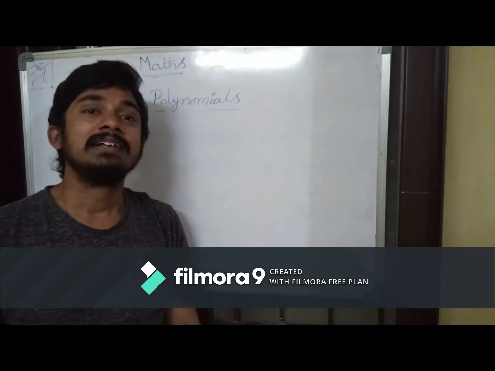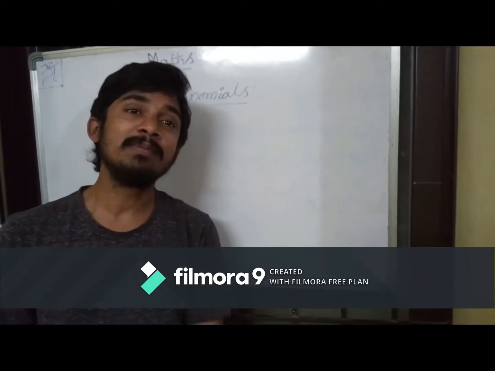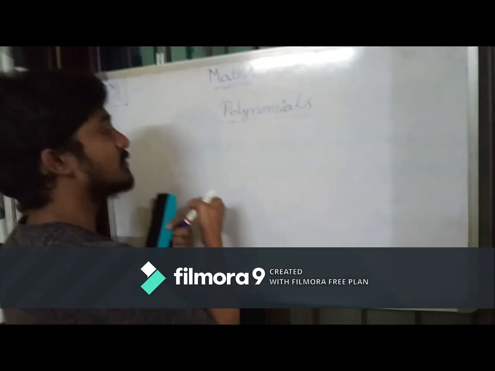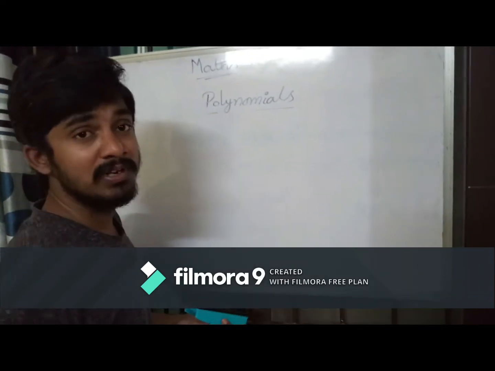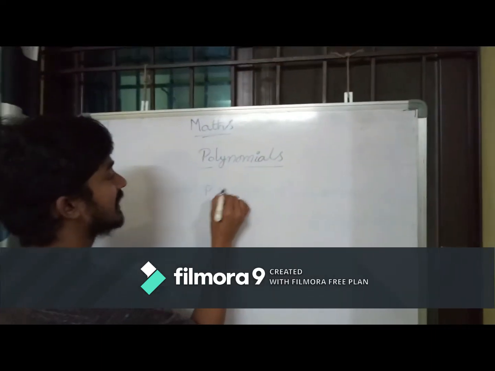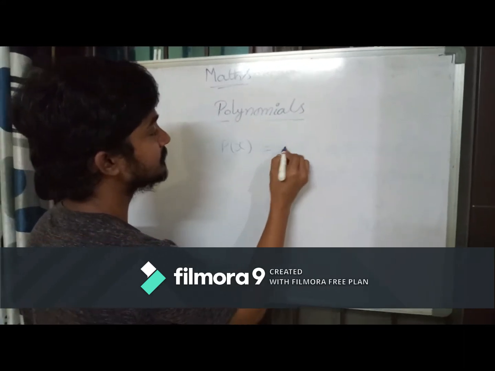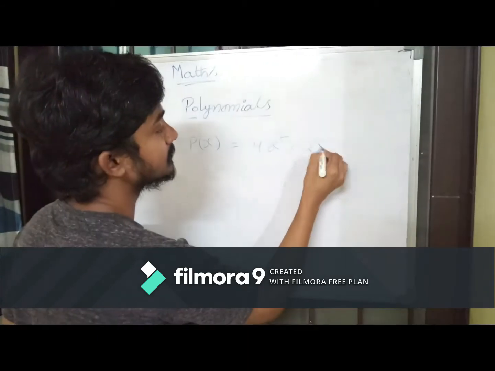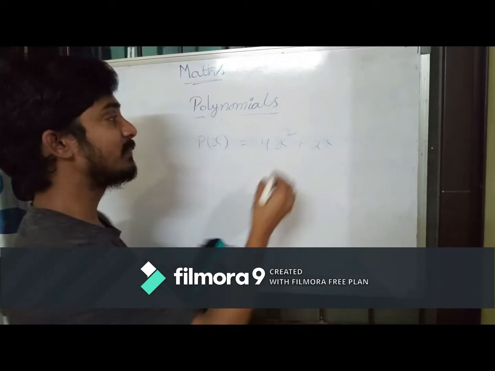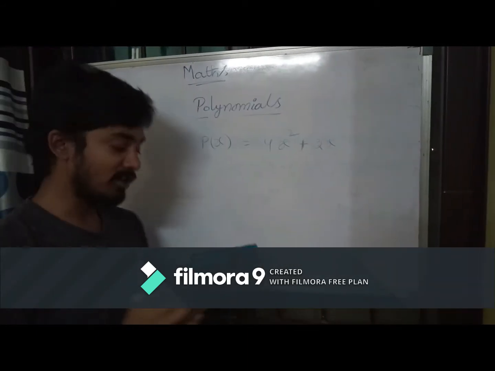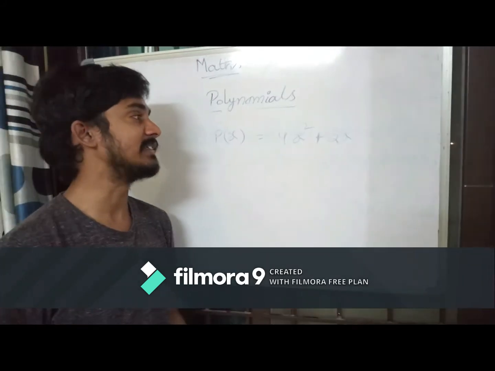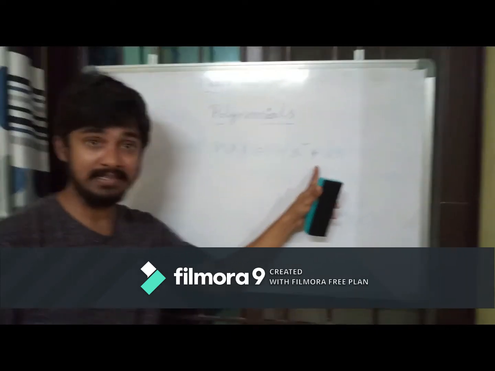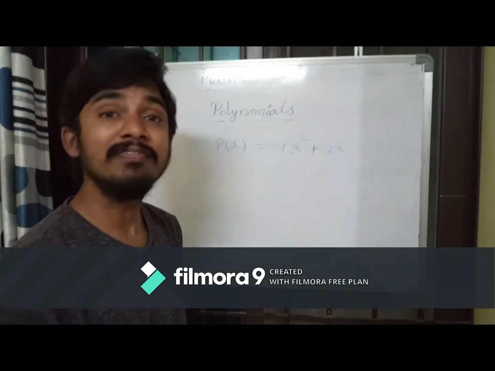Next concept is degree of a polynomial. Take one example of a polynomial: if p of x equals 4x square plus 2x, this is also an example of a polynomial in terms of variable x.